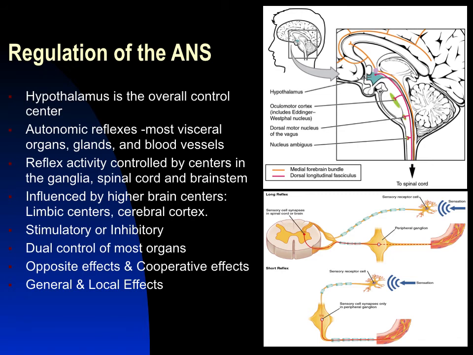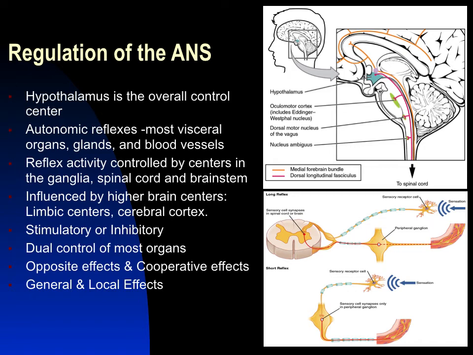This system, although it's the peripheral nervous system, is controlled, of course, by the central nervous system. So when we talk about the regulation of the autonomic nervous system, we have to recognize that there are central nervous system structures involved, and the primary one is the hypothalamus. The hypothalamus controls most autonomic activities.